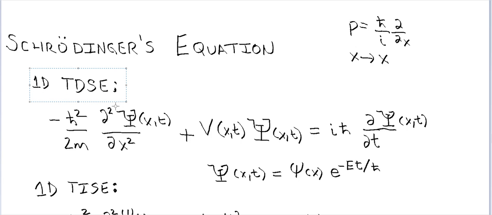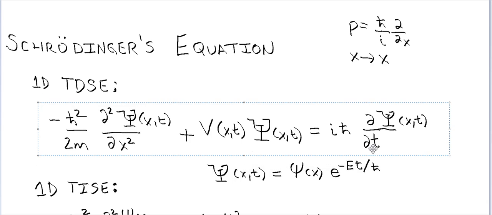So the one-dimensional time-dependent Schrodinger equation is minus h bar squared over 2m times the second partial derivative of psi with respect to x, plus the potential energy function multiplied by psi, is equal to i h bar times the partial derivative of psi with respect to t.